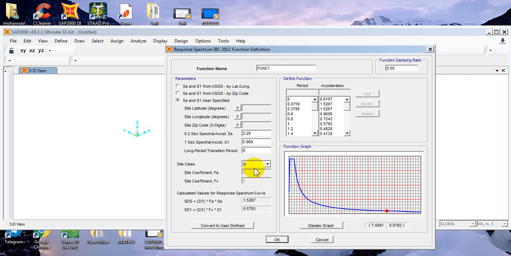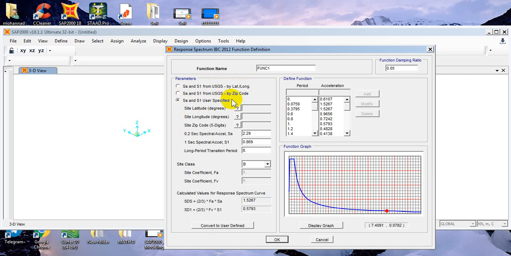The options here, dear viewers, as we see together, the first is the function name, the name I want to give. Then parameters: S sub s and S1 from USGS by latitude and longitude, or S sub s and S1 from USGS by zip code, or S sub s and S1 user specified.